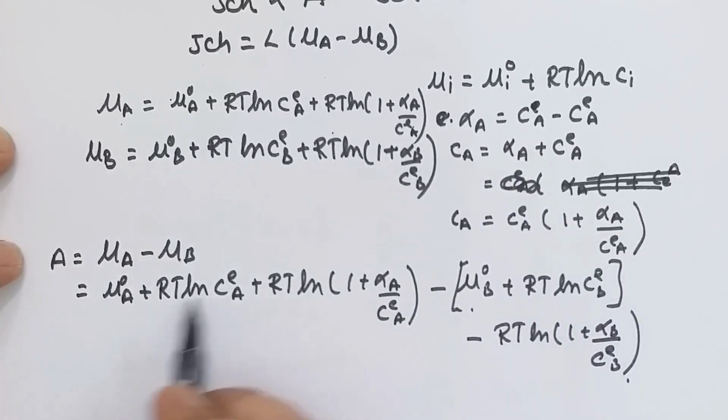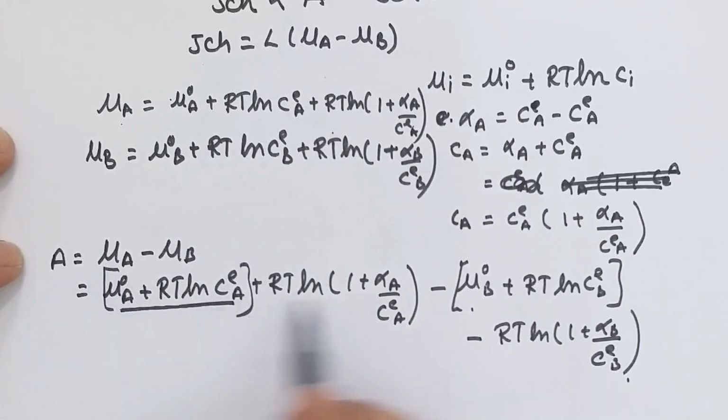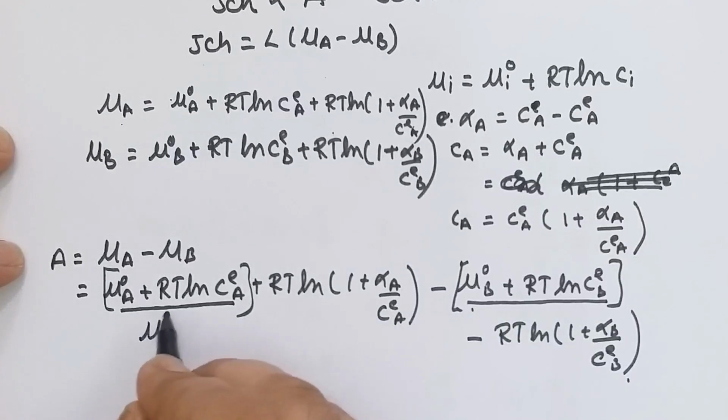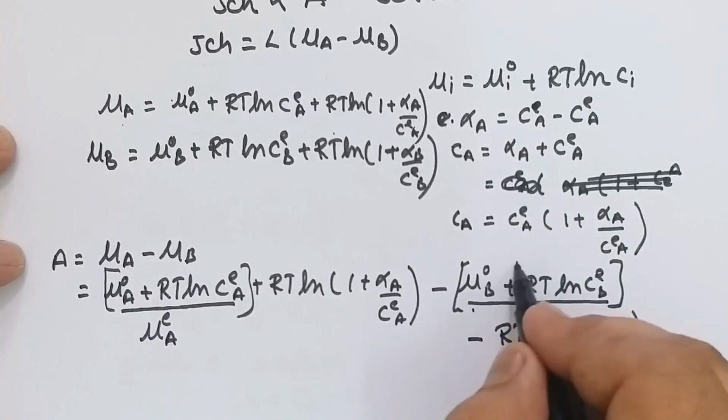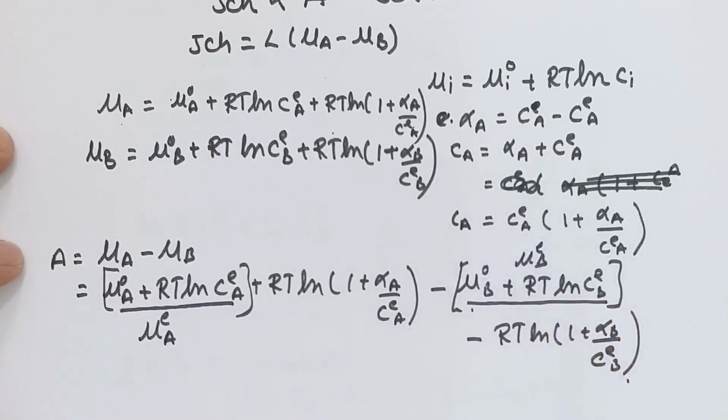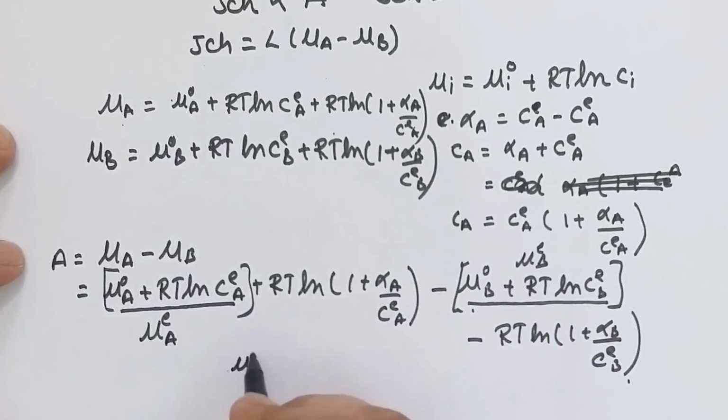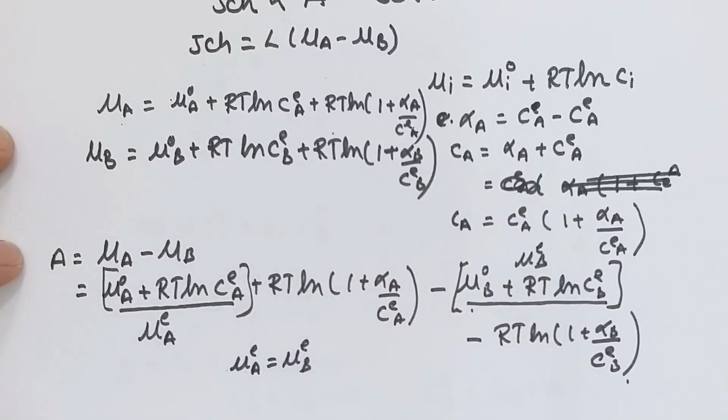Now over here the first two terms in both these expressions refer to the equilibrium chemical potential of A and the equilibrium chemical potential of B. And when the system is under equilibrium, the equilibrium chemical potential of A is always equal to the chemical potential of the constituent B, and hence both these terms in our square bracket will cancel out.